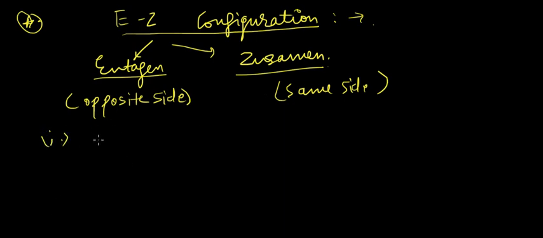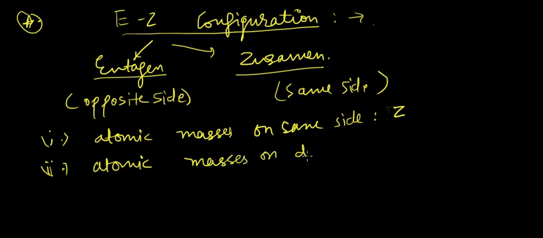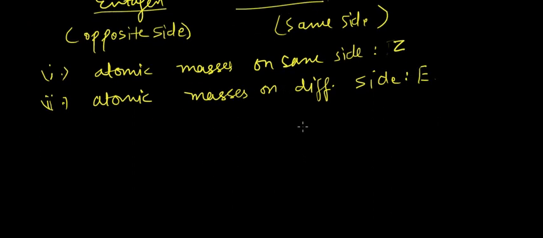Just write it like this: atomic masses on the same side is called Z, and atomic masses on different sides is called E.